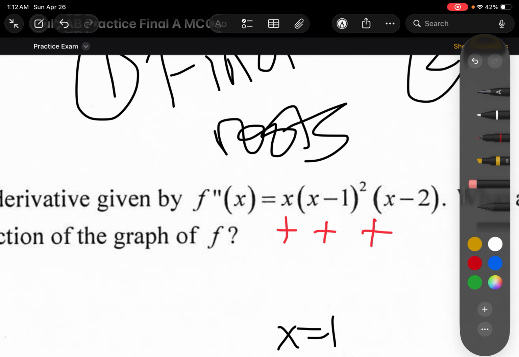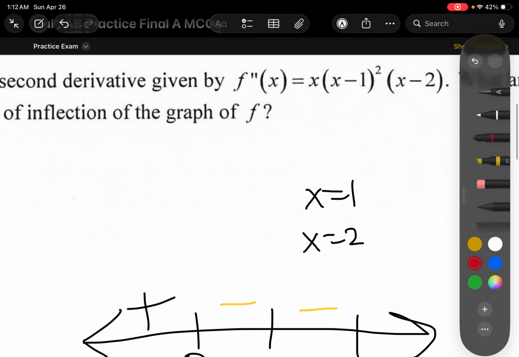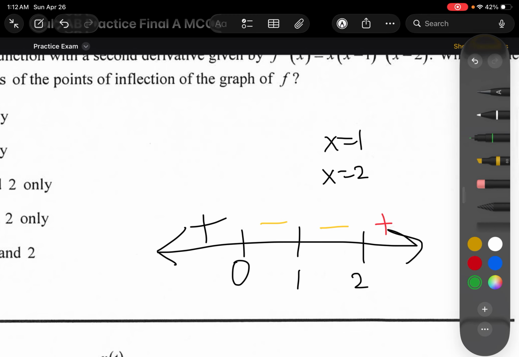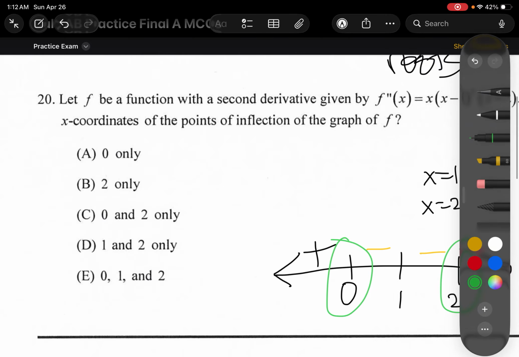So there is a sign change. Your points of inflection are where it changes sign. So it changes sign at 0 and it changes sign at 2. Answer C.